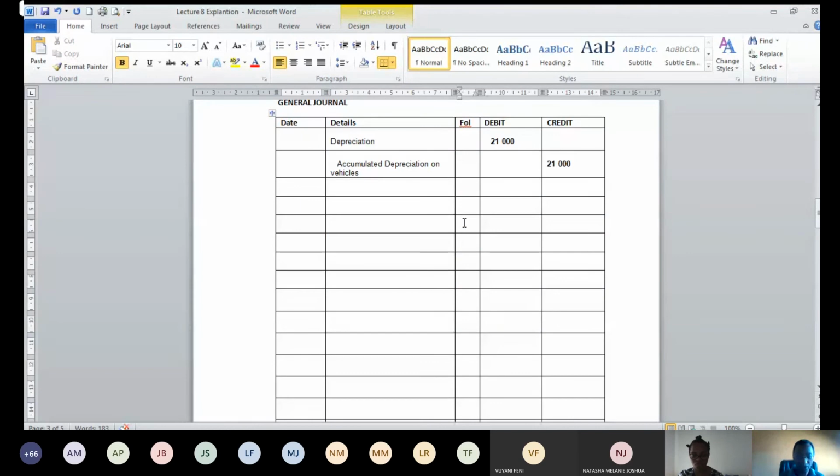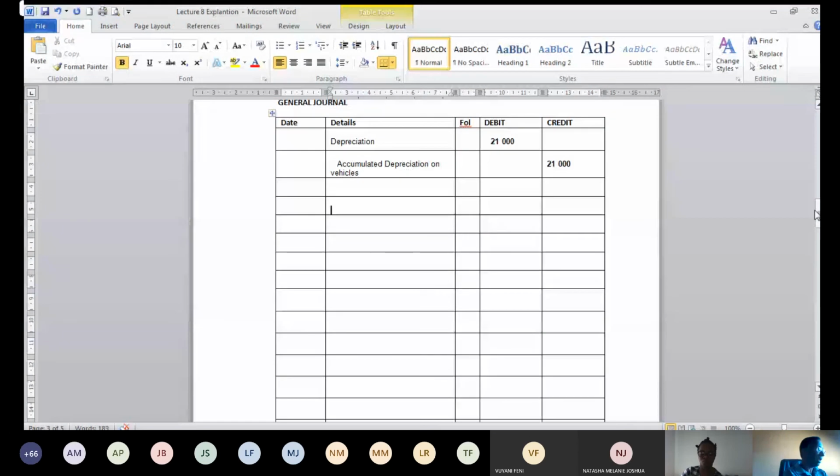Right, guys, I'm on to step number 2 now. In step number 2, I transfer the accumulated depreciation on the asset. The total accumulated depreciation on the asset, I transfer that to the asset realization account. So let me first of all explain to you the method, or why we are doing it like that.